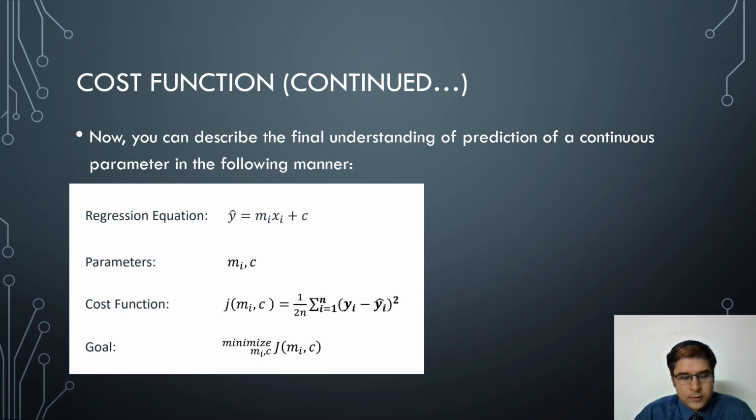The regression equation is y cap equal to m x plus c, where the parameters are m and c, which are the slope and the constant. The cost function J(m, c), as a function of m and c, is 1 by 2n summation i equal to 1 to n of (yi minus yi cap) whole square, and the goal is to minimize the cost function.